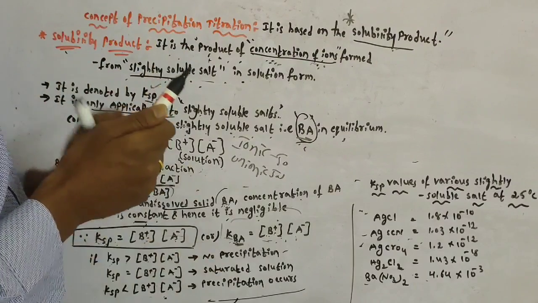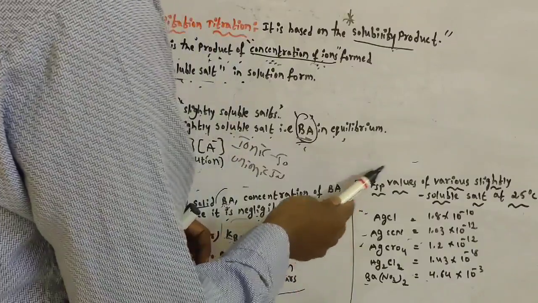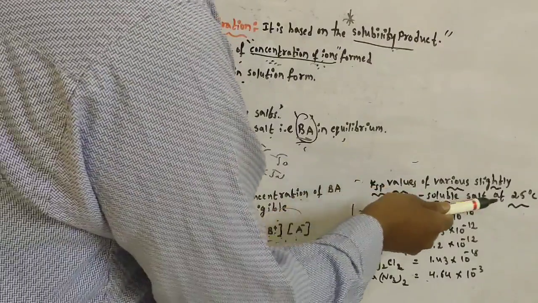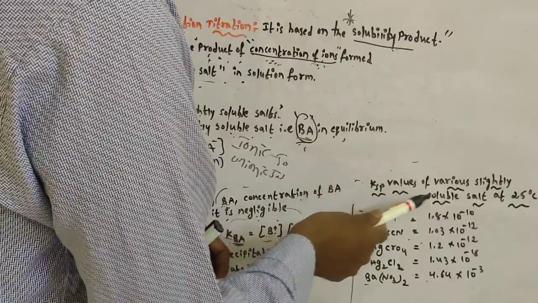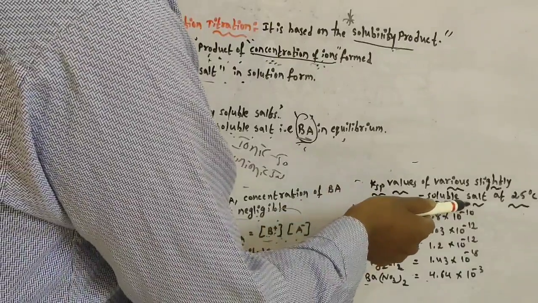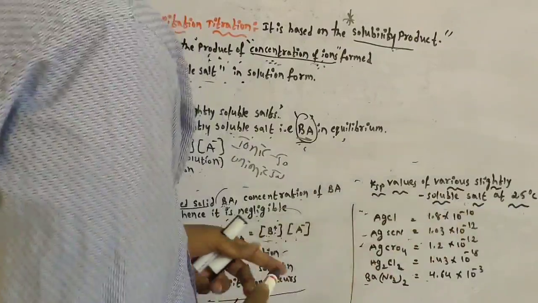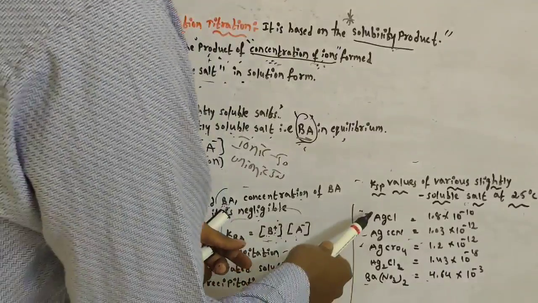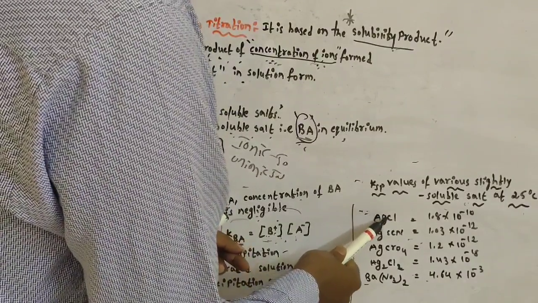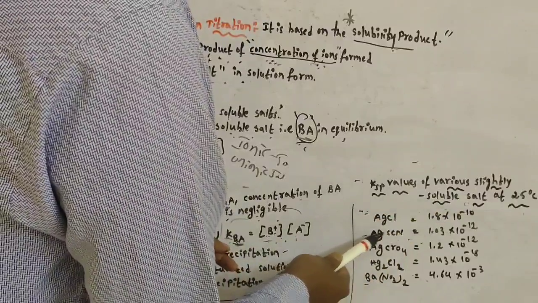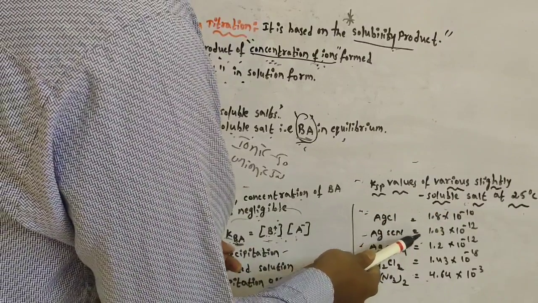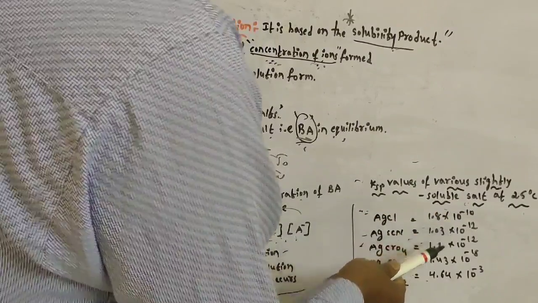These only give precipitation. Here are some Ksp values of various slightly soluble salts at 25 degrees centigrade, that is room temperature. Let's see what those are. First, silver chloride has 1.8 into 10 to the power of minus 10. Silver thiocyanate has a solubility product value of 1.03 into 10 to the power of minus 12.